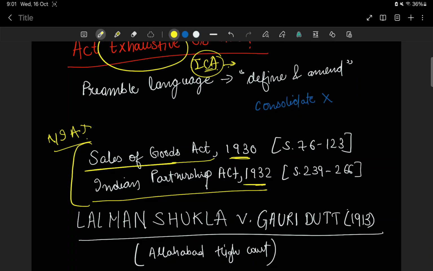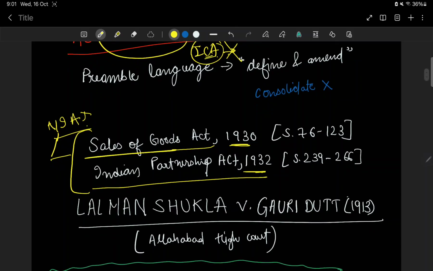On some points of law we are required to refer to these three acts and even some more. There are some more laws also. So the point is that the Indian Contract Act is not exhaustive in itself.